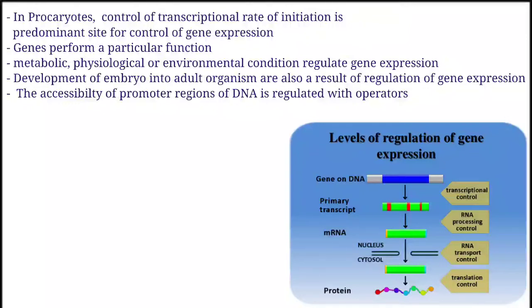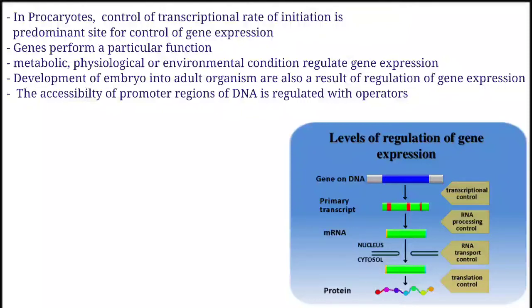In a transcription unit, the activity of RNA polymerase at a given promoter region is in turn regulated by interaction with accessory proteins, which affect its ability to recognize the start sites. So there is accessibility of promoter regions of prokaryotic DNA, which is regulated by an interaction of proteins, where you can use the term operators.